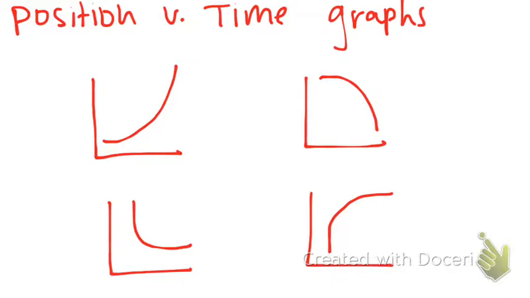Remember, this is meters and seconds, or position versus time, position versus time, position, time, and position, time, right? But these show a change in velocity. So it's not just going straight in the forward direction or going straight in the backward direction. This is speeding up or slowing down.